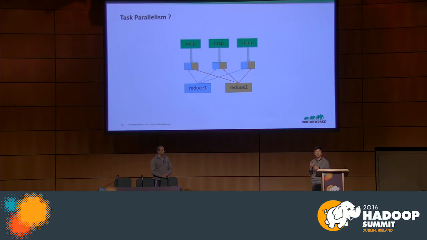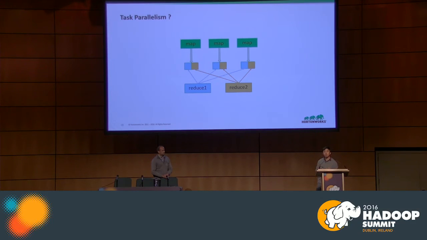So here our task parallelism is 2. So each map output will be divided into 2 partitions, and each reducer will fetch its own partitions and get them processed. So each reducer will process 1/2 of the map output data.